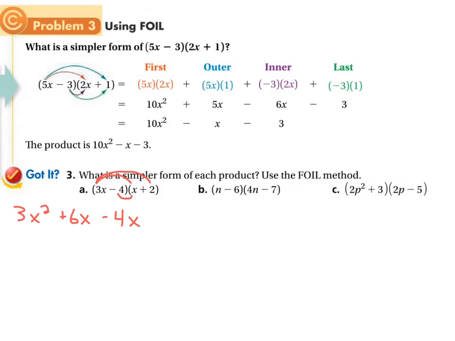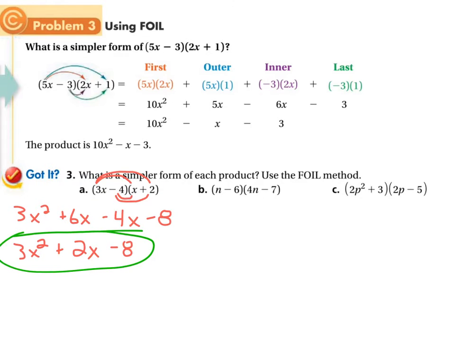And the last terms, the negative 4 times the 2 is negative 8, okay? And we can combine these 2 terms here. They combine to be 2x. So you've got then 3x squared plus 2x minus 8 as that final answer, okay?